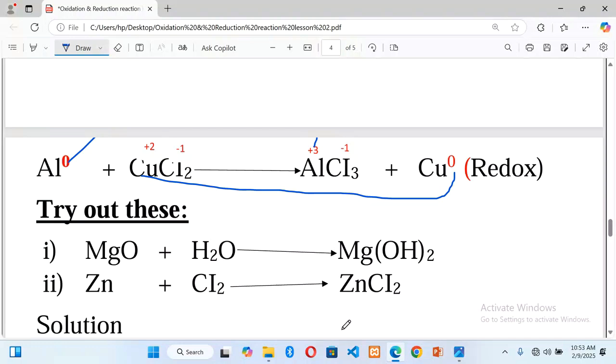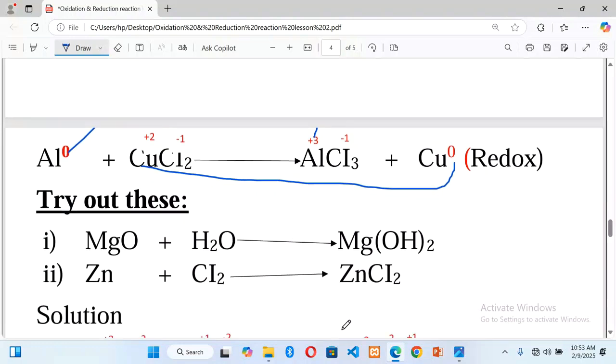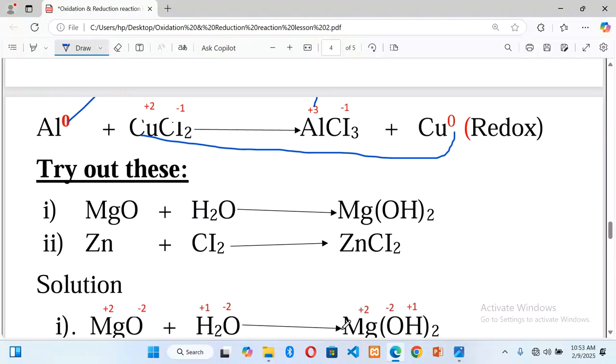But what you said, if there is no change in oxidation number, then that is not a redox reaction. Let's quickly look at this. Number 1, magnesium oxide and water. Magnesium has oxidation number of positive 2, oxygen negative 2, hydrogen positive 1, and oxygen negative 2.